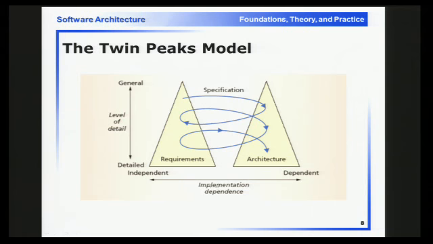We are showing the implementation dependence between the requirements and architecture design, and we are also showing the evolution of the level of details in the software system development. So we can tell that the system is evolutionary, adding details based on the availability of the information.